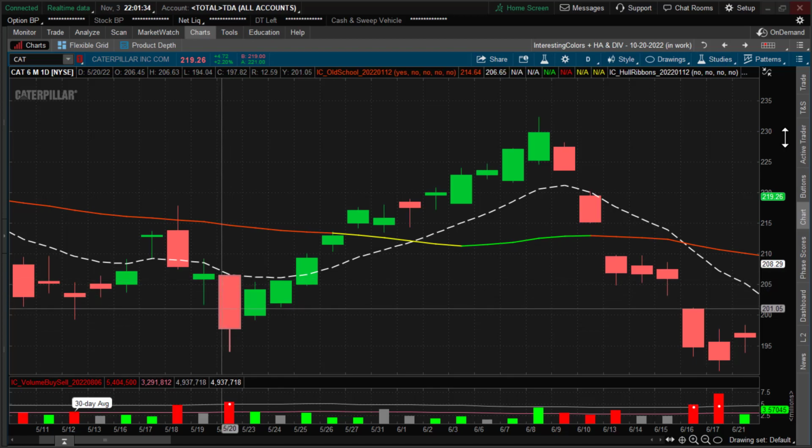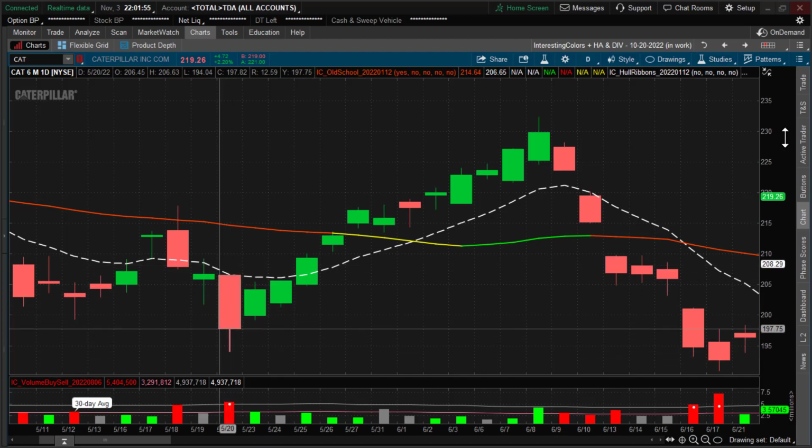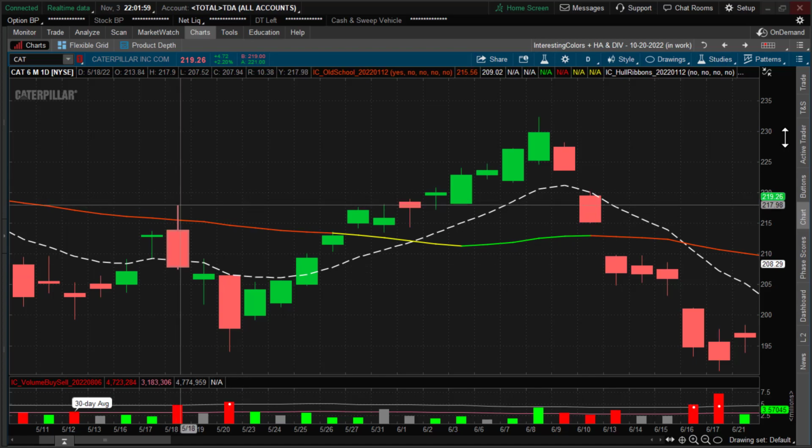So I seem to recall reading or hearing that an upward trend has higher highs and higher lows, and a downward trend has lower lows and lower highs. What that actually means is, if you look at the candlestick, you find the high wick, that's the high.